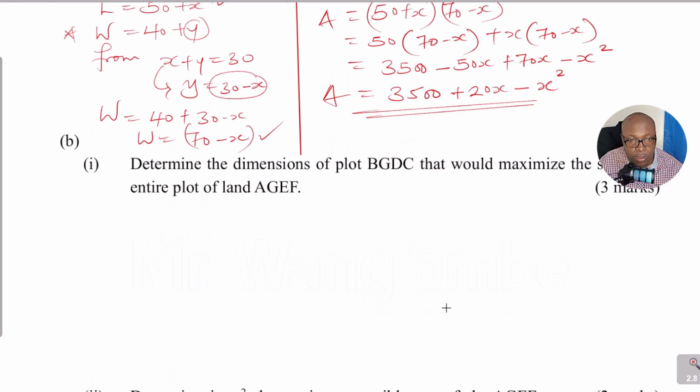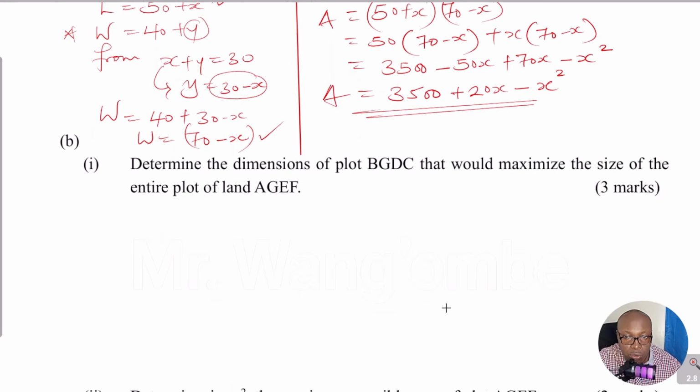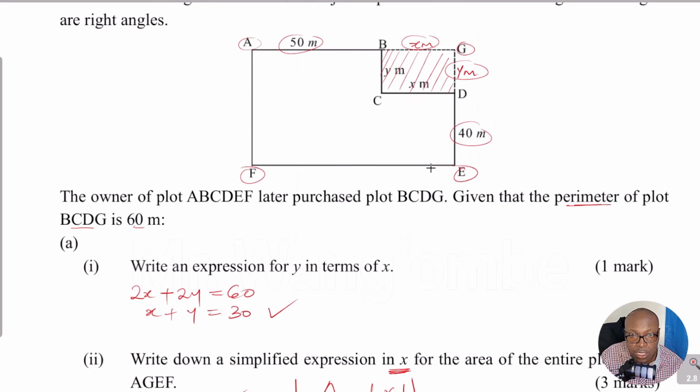Part B1. Determine the dimensions of the plot BGDC that would maximize the size of the entire plot of land AGEF. Now this is an application of differentiation. If we want the dimensions of the plot BGDC, note that BGDC has dimensions x and y.